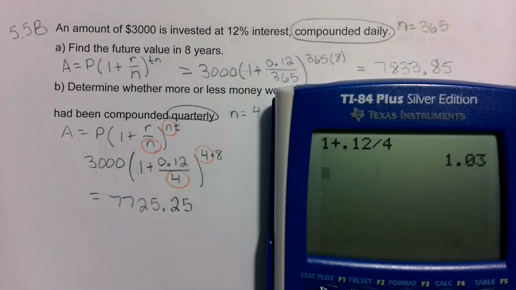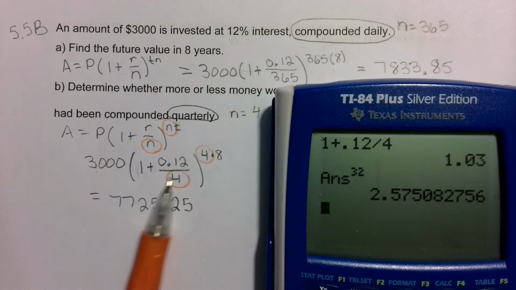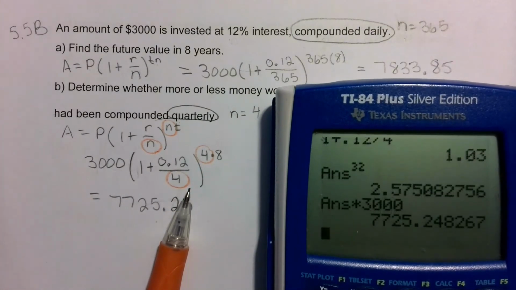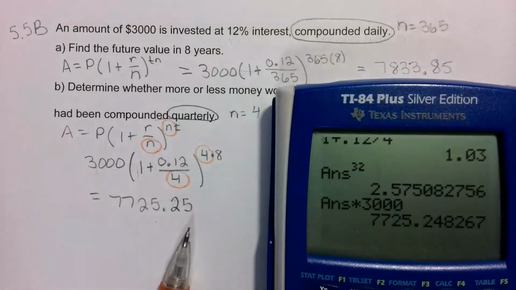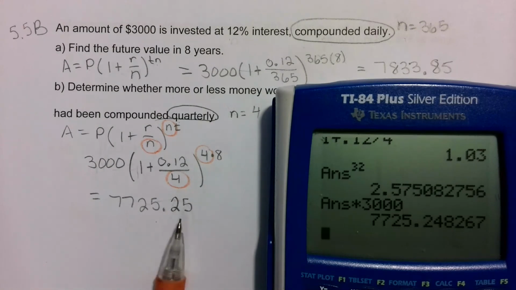Now I'm going to raise that part to 8 times 4 power. 8 times 4, of course, is 32. Now I'm going to take that number and multiply it by my 3,000. So this gives me $7,725.25.